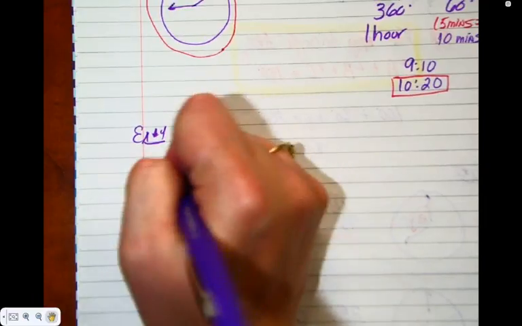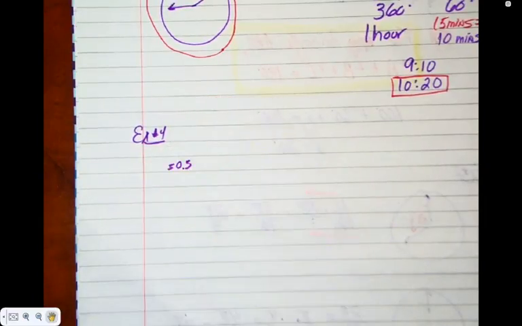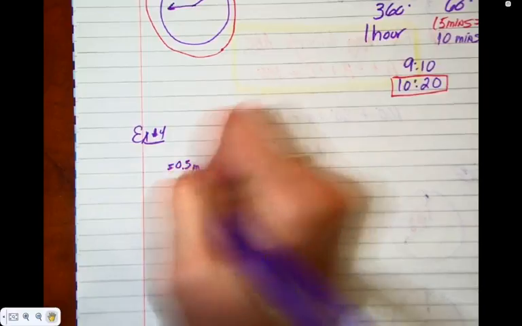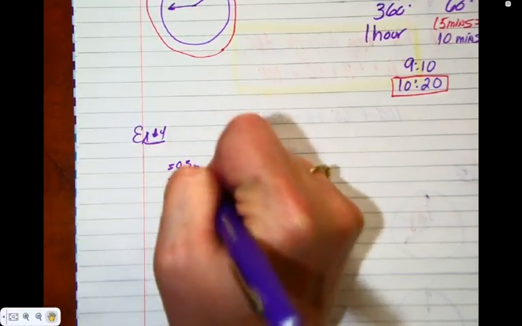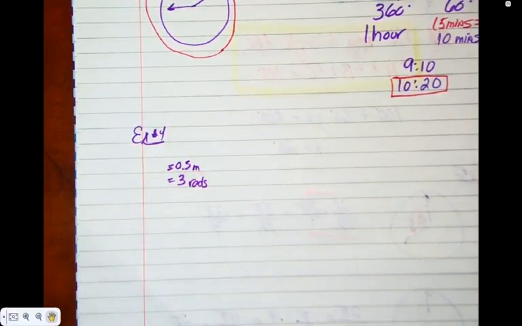I'm going to show you a little trick to do word problems if you're left brain, but if you're right brain, still pay attention because it might work for you. I do what I call inventory. I go through the question, look at the numbers, and put them off to the side for a second. So we have 0.5 meters, and we had 3 rads. Then I think about the formula and associate a letter. Which of the letters would be 0.5?